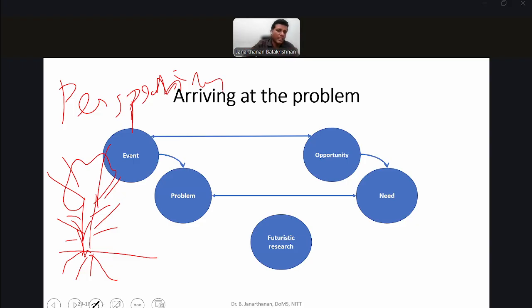For example, in the last 12 years, I published only in IT and marketing. My area is digital marketing, IT and marketing. In the last 12 years, I would have read more than 500 articles in my life. So every time I wake up, I have this analogy, this thought process coming out of those 500 articles.